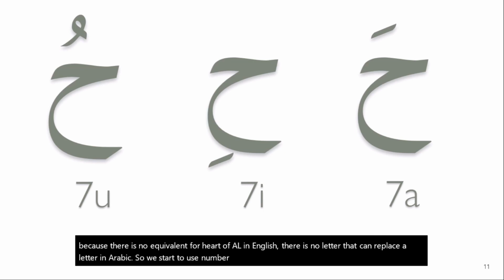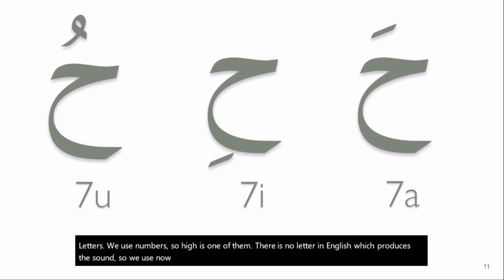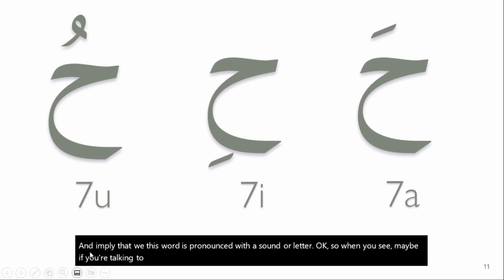When we don't find a similar letter in Latin letters, we use numbers. So ha is one of them. There is no letter in English which produces the ha sound, so we use number 7 to imply that this word is pronounced with the ha sound or letter. Okay, so if you're talking to an Egyptian person, 7 represents ha.